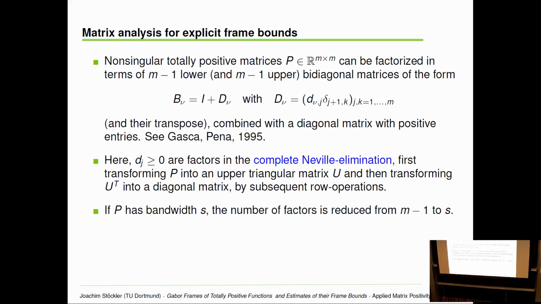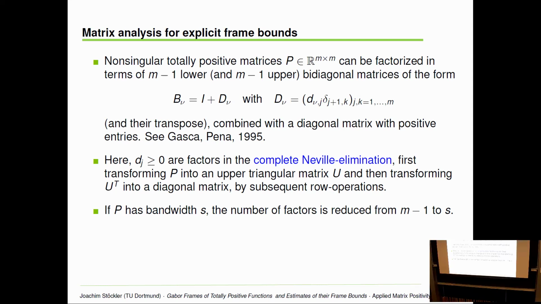And in certain cases, you find those parameters by an elimination procedure called Neville elimination, where instead of Gauss elimination for your given matrix P, you do some elimination technique using subsequent rows. So if you do the elimination from the left to get an upper triangular matrix, you don't do Gauss with your first row in order to eliminate the first column, but you start at the bottom, take the nth and the n minus first row, get a 0 here.